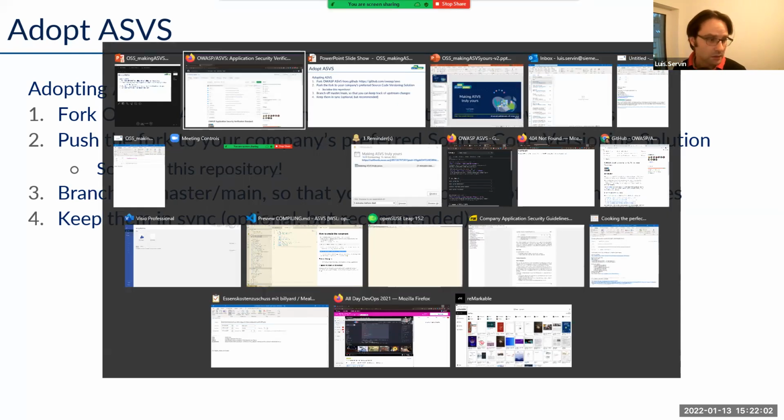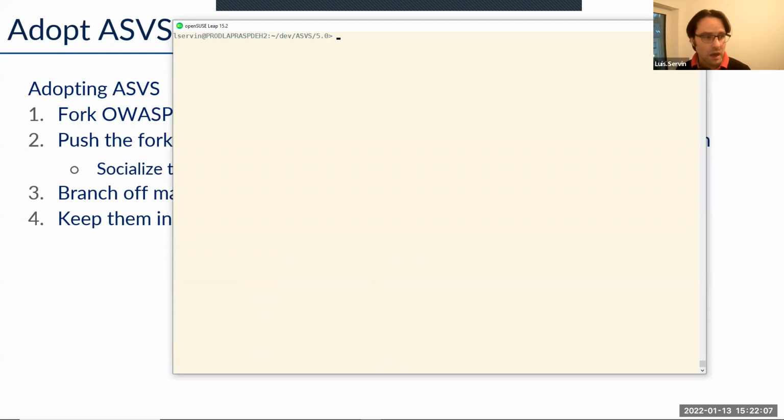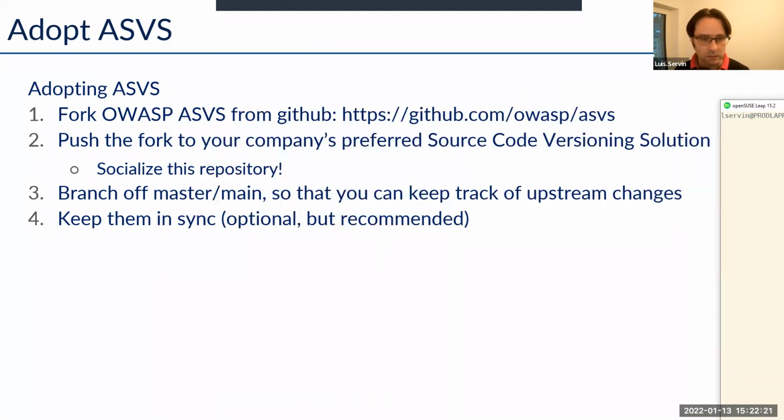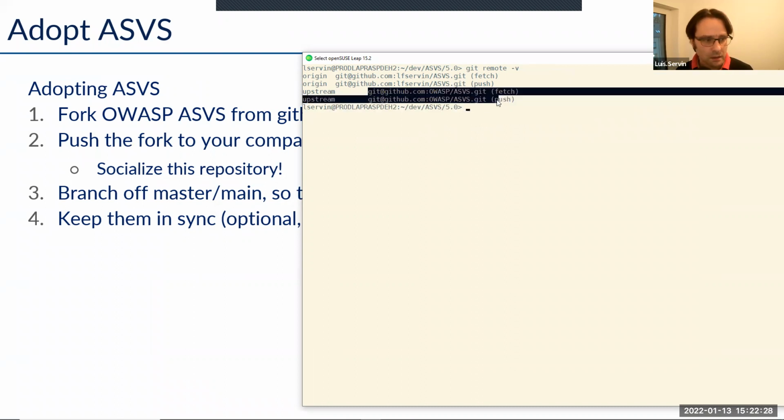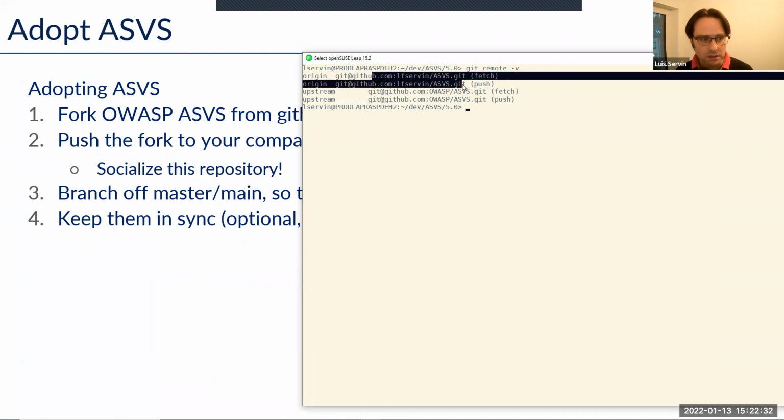So how does that look? Give me a second. I have forked into this directory, home dev ASVS, and I run git remote -v. Nothing personal there. You can see I have an upstream, which is OWASP ASVS, and my origin, my GitHub account ASVS.